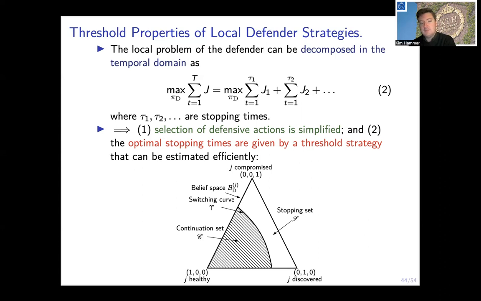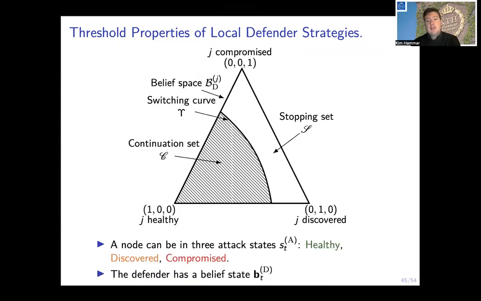So more specifically, the local state of a node, the attack state, can be in three different values. It can be healthy, it can be discovered by the attacker, or it may be compromised. The defender does not know which one of these we're currently in, but it can form a belief about the current state.